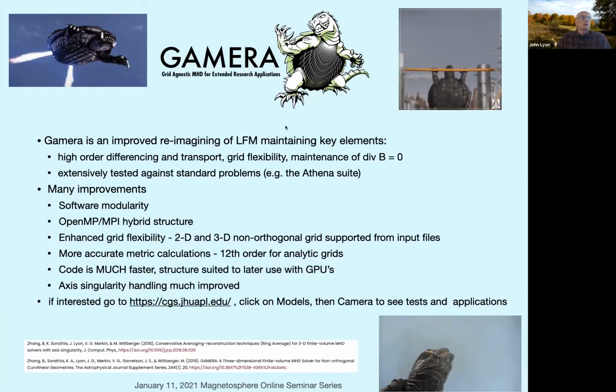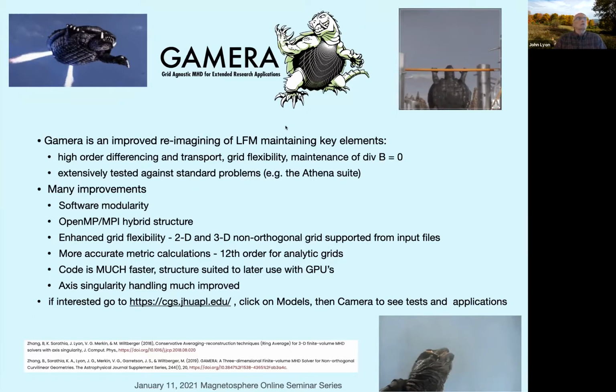We actually use both most of the time because it cuts down on the amount of MPI communication. There's enhanced grid flexibility: 2D and 3D non-orthogonal grids you just get from input files, and more accurate metric calculations.